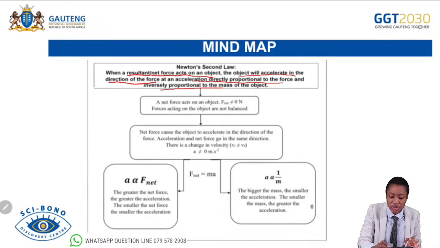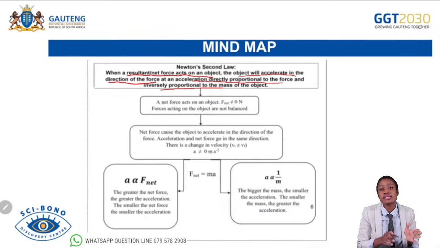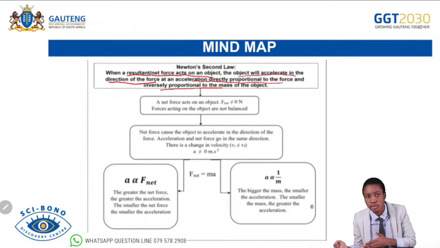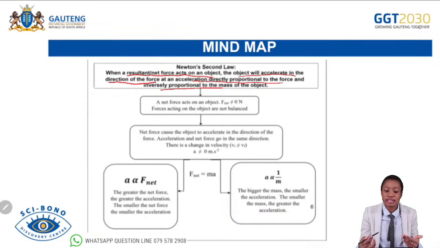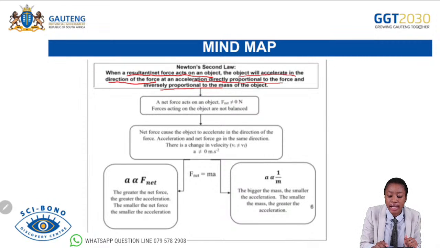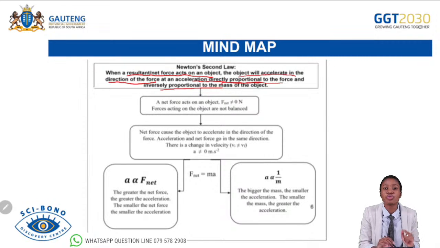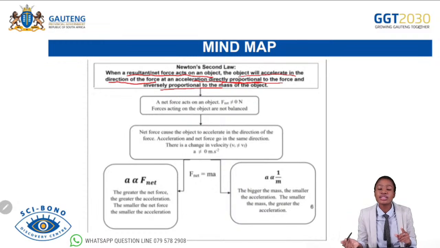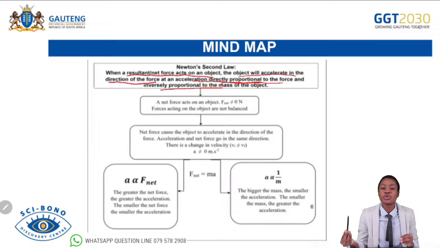If the object accelerates in the direction of the force, and the acceleration is directly proportional to the force, meaning that if you increase the force by a factor of 1, so will acceleration increase by a factor of 1. If you increase the force by a factor of 4, the acceleration will increase by a factor of 4.